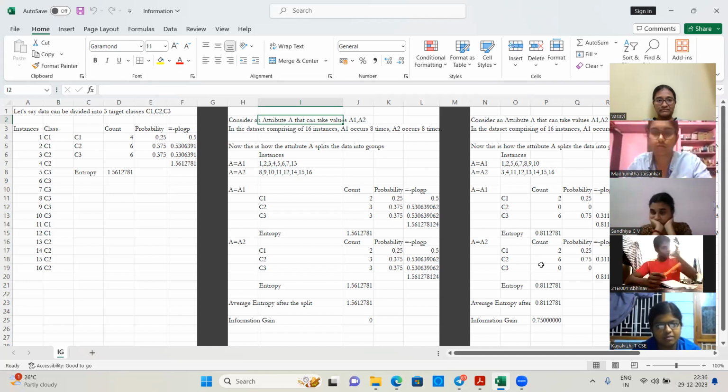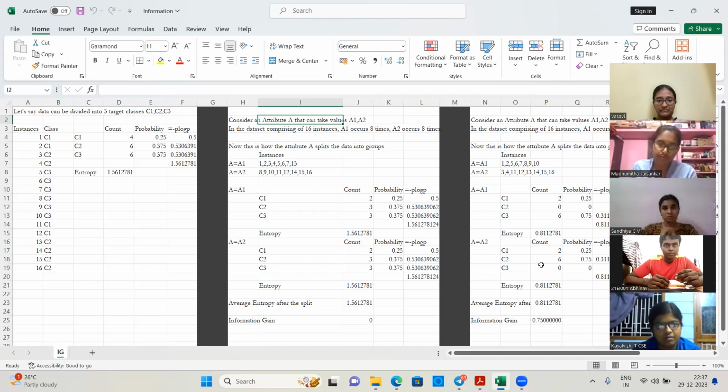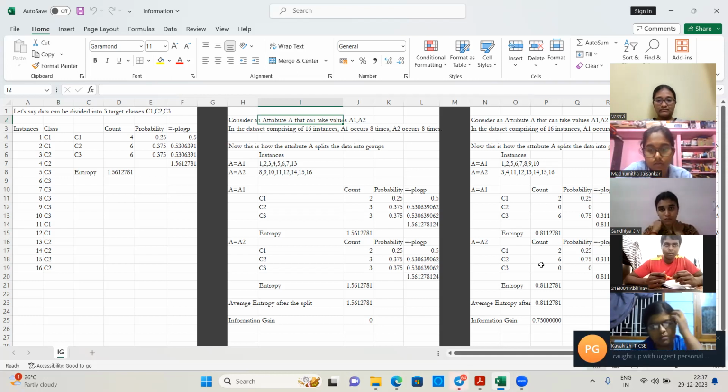Which means if it's more of the same, then we know that the entropy is low. If you're dealing with a lot of different things, but in equal proportions, then you're dealing with very high entropy.